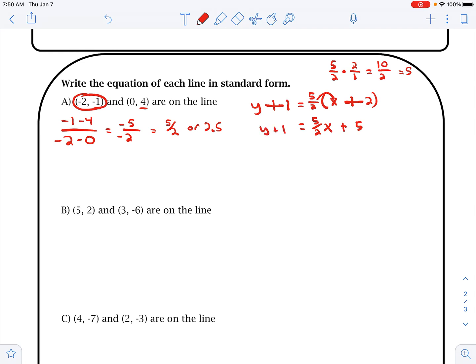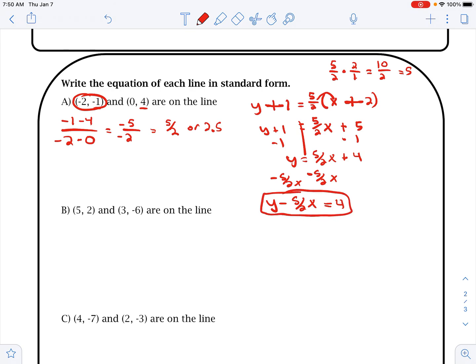So I go plus 5. Again, we subtract that 1, bring it over, so I have y equals 5 halves x plus 4, and then I would subtract that 5 halves x. So it's y minus 5/2 x equals 4 would be my equation.